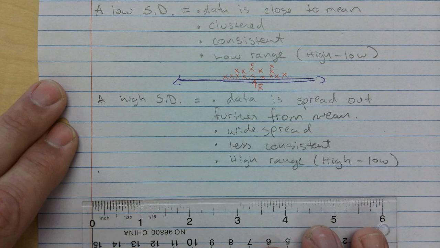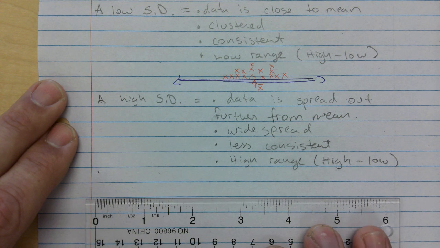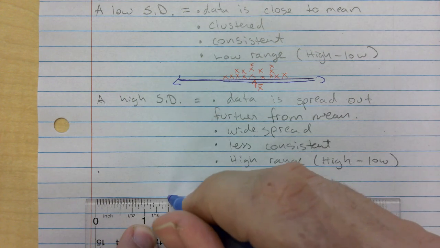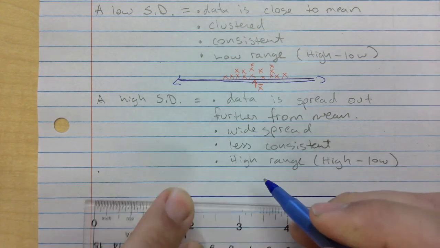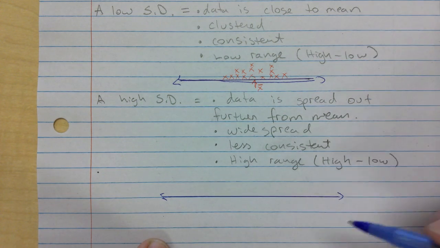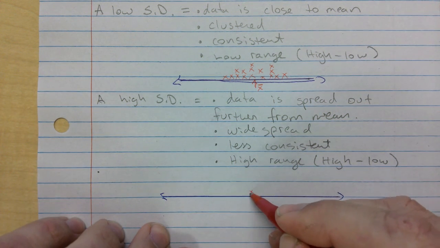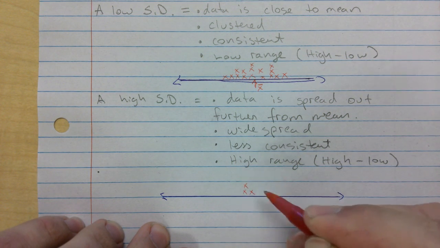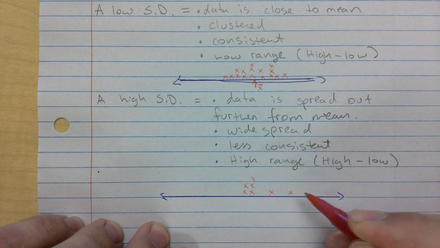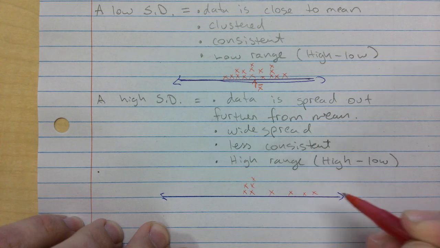And if you have a higher standard deviation, comparatively, you're comparing them both and they should have the same scale. You might have most of your data points here, but you will still have scattering.